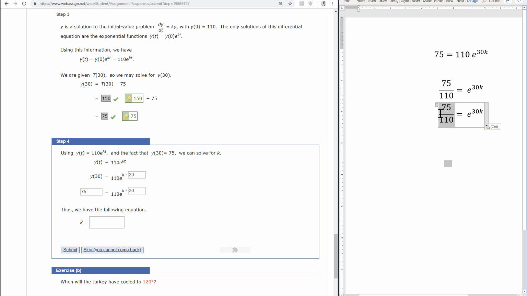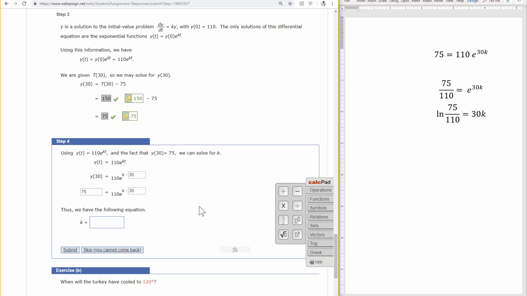The ln of this makes the 30k come out front, and the ln of e is equal to 1. So this whole thing is just going to be 30k. Then we'll divide by 30, so that k is going to be this thing divided by 30.